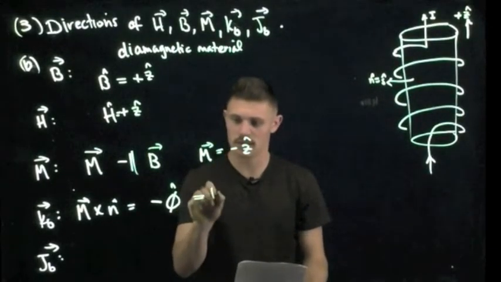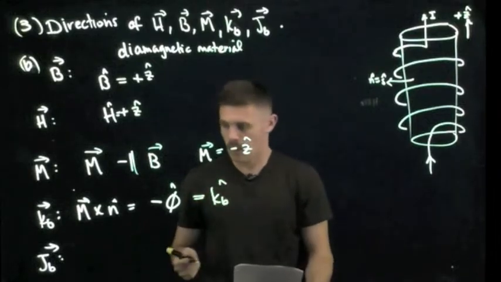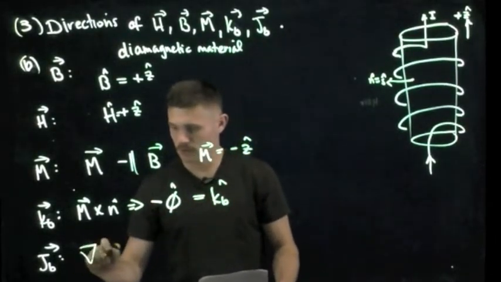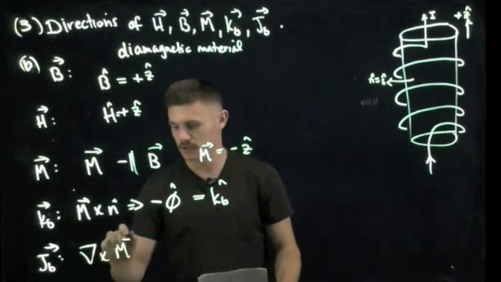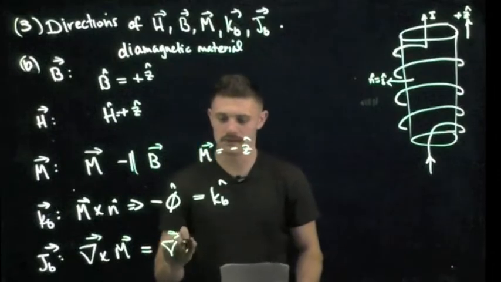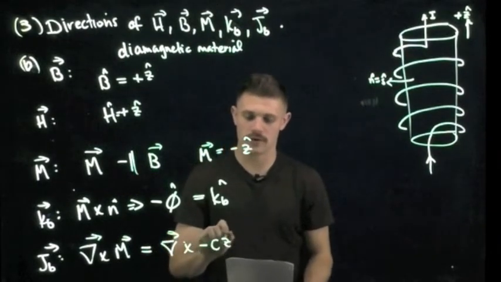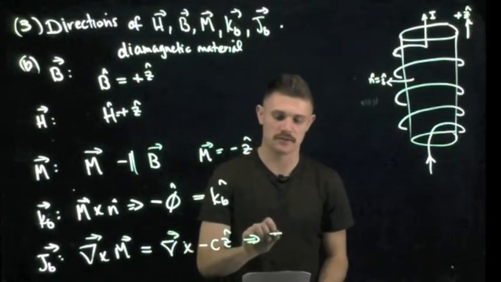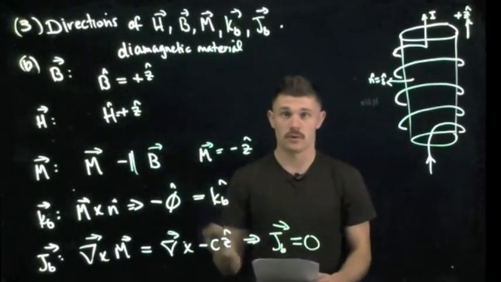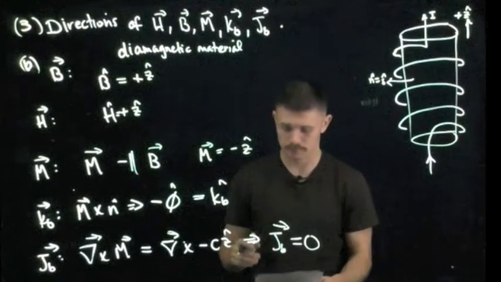So this will be K_B. And for the bulk current density, again, we have the curl of the magnetization, which again is just our constant. In this case, negative z-hat direction, but either way, this just gives 0. So there is no direction for our bulk current density.